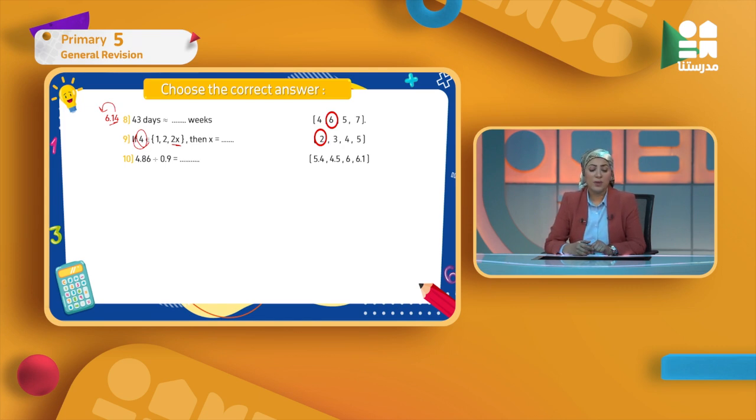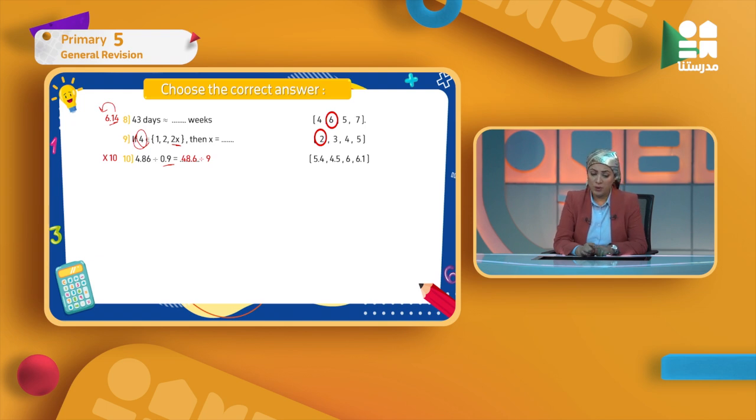Okay? So here, how many decimal places do I have? I have only one decimal place. So I will multiply both numbers by 10 to eliminate the decimal point from my divisor. So it will be 48.6 divided by 9.